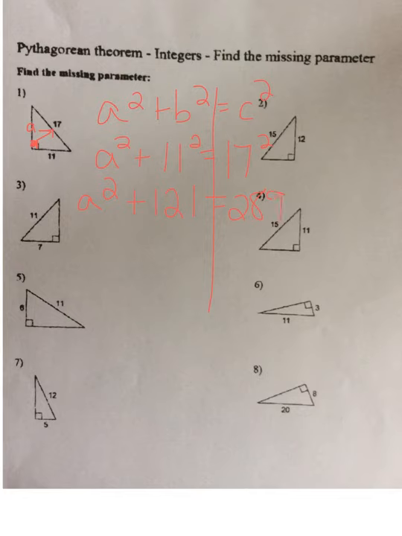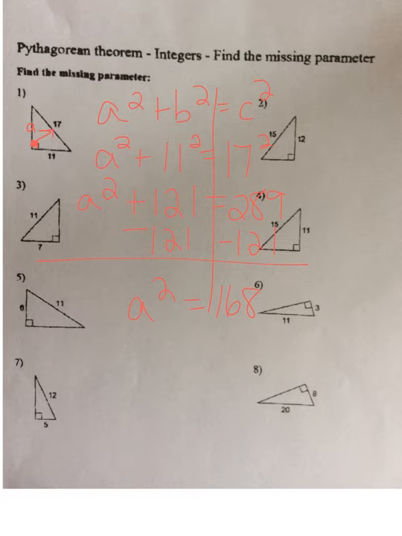So our goal here is to get the a all by itself. We're going to find that side length. Subtract 121 from both sides. So I have a squared equals, and 289 minus 121 is 168.